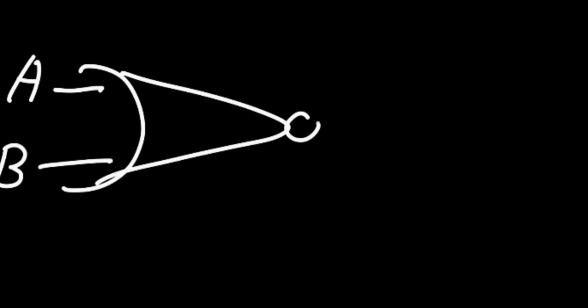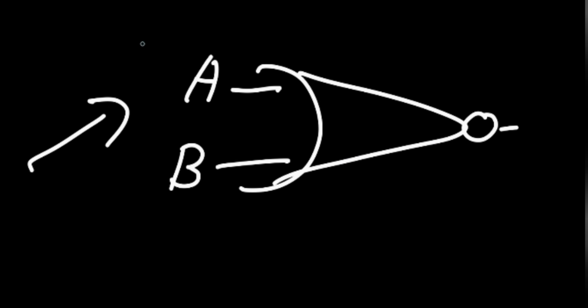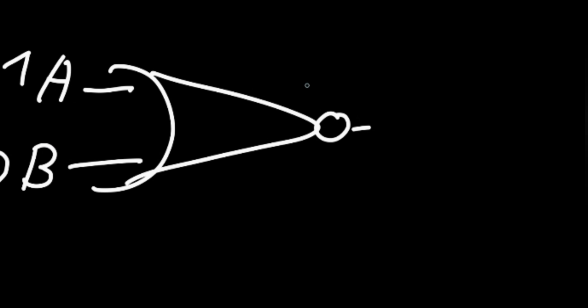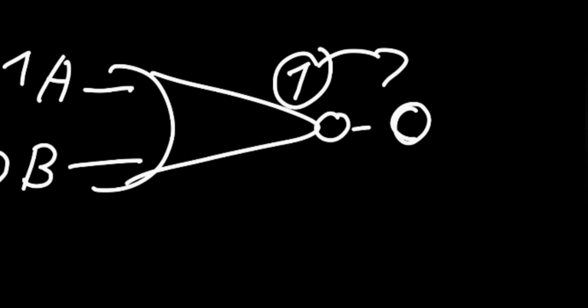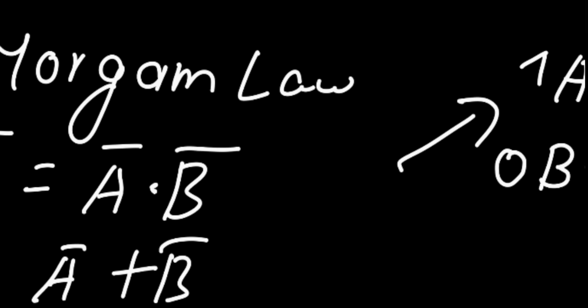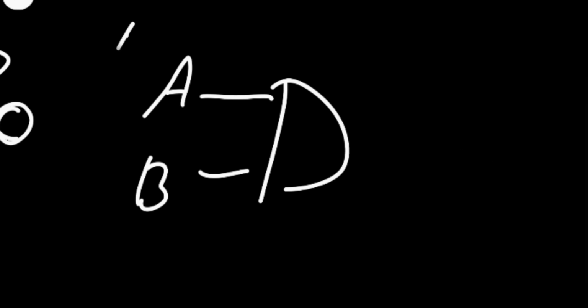So here, let's say A was 1 and B was 0. 1 OR 0 would give us 1, and the 1 would be converted into 0. Now it converts the output into (A plus B) whole complement. Let's say this was A and B, and the answer is A complement AND B complement.